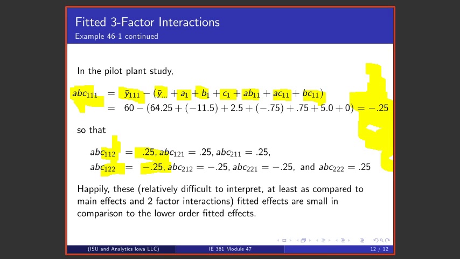Truth of the matter is, if you're doing a p-factor study or you're analyzing a p-factor study, if you've got large high-order interactions, then chances are you're not going to be able to find sensible interpretations, or it's going to be more difficult to find sensible interpretations, and you may just have to go back to treating the combinations of the levels of the factors as just some number of ways to make combinations.